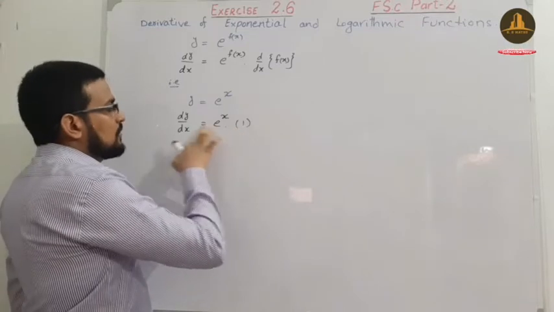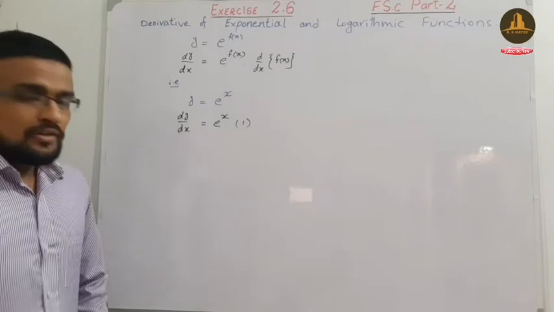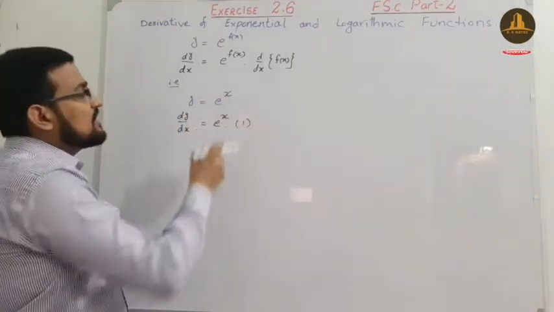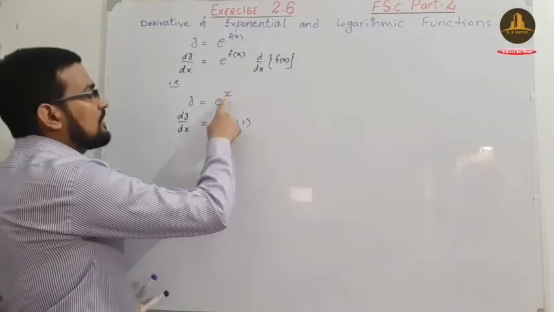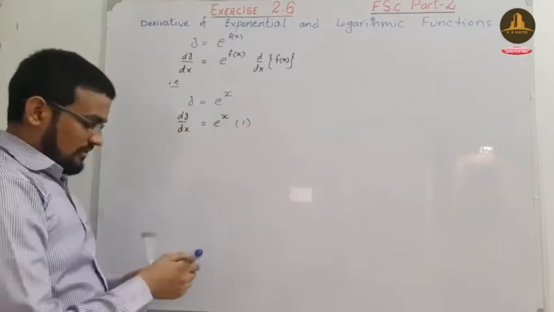So the derivative of exponential function remains itself and then is multiplied with the derivative of the function which is involved in the power. Okay students, got it?